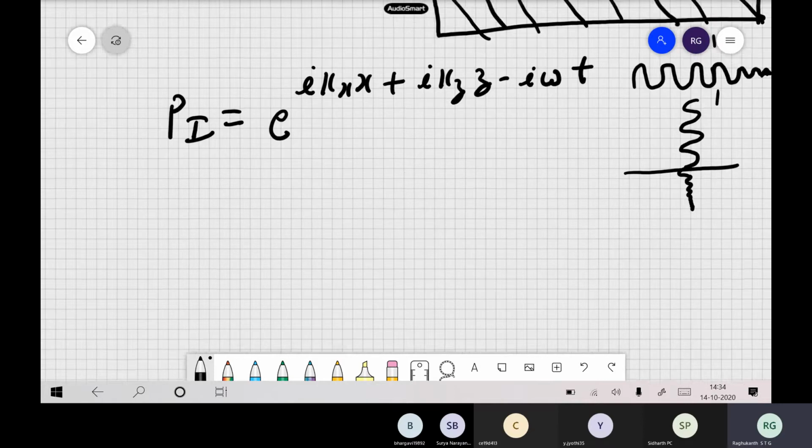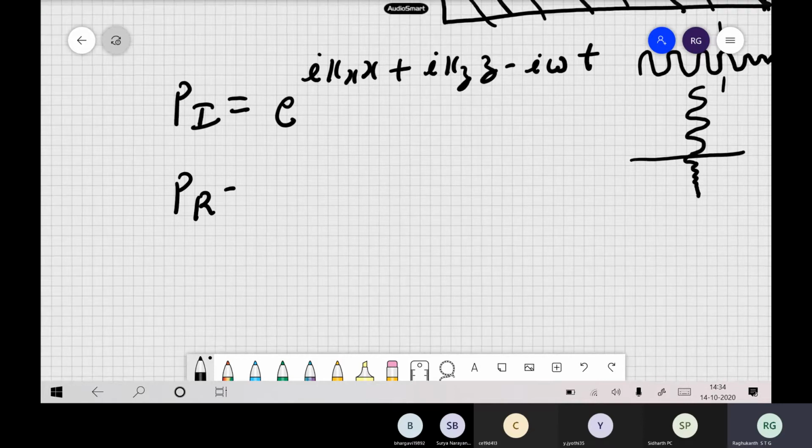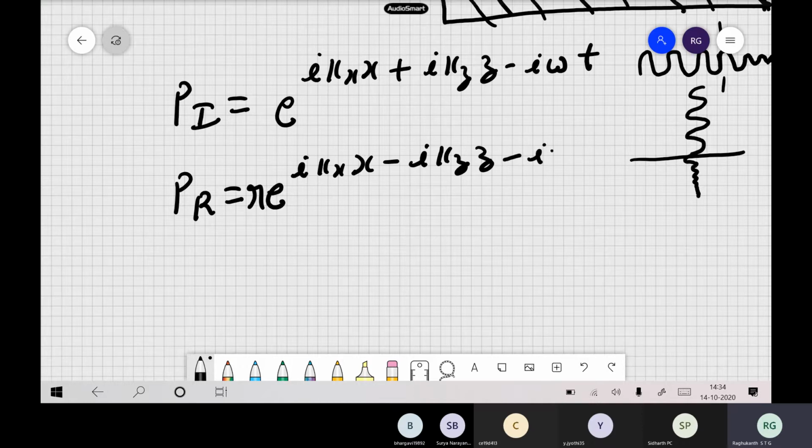This is our incident wave, and the reflected wave, which reflects back from the boundary, is written as some R times e to the power of i kx x minus i kz z minus i omega t. You can see the sign change: plus means the wave propagating in the positive direction, and minus means it is the reflected wave.